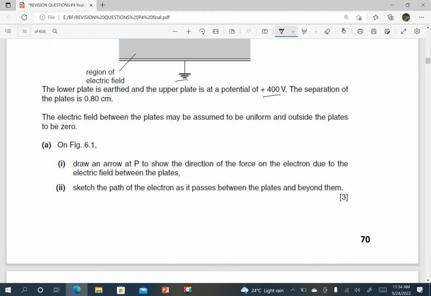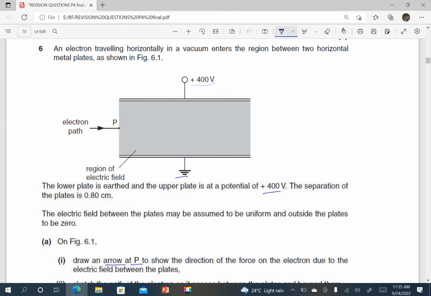On the figure 6.1, draw an arrow at P to show the direction of the force on the electron due to the electric field between the plates. So we know that field lines originate from high potential to low potential. These are field lines from high potential to low potential, and they are supposed to be parallel and equally spaced.